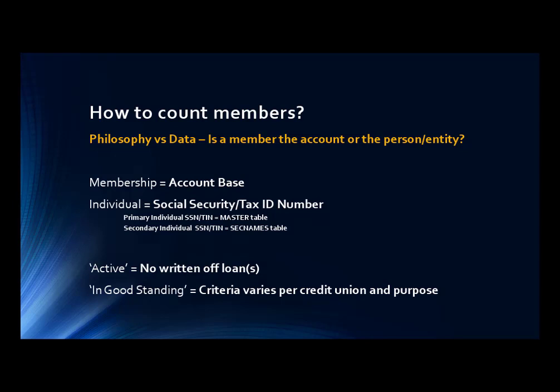Now, in CUBASE, in the core, there's not really a member in good standing feature, if you will, but the criteria is going to vary for every single one of you, and you know best what that will be. And even if you're not using that specific feature, you typically have some idea of what it means to be a member in good standing.